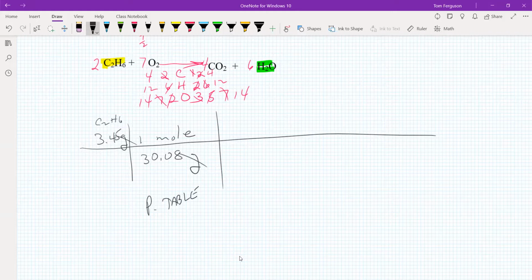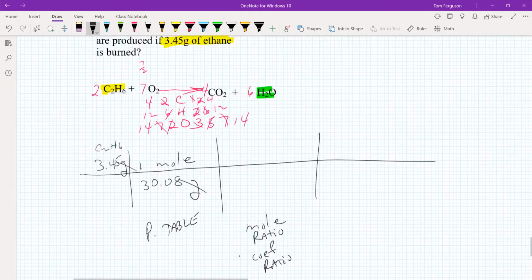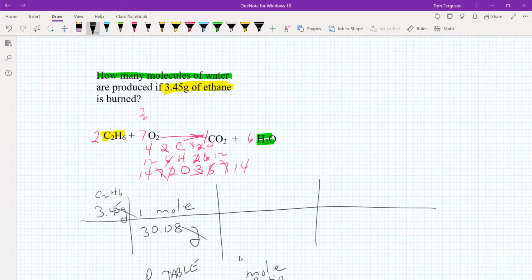Now we have moles of ethane. Next step is the mole ratio, or the coefficient ratio from the balanced equation. Ethane to water is 2 to 6. So we want ethane on the bottom to cancel, and then water is on the top. Now we have moles of water.